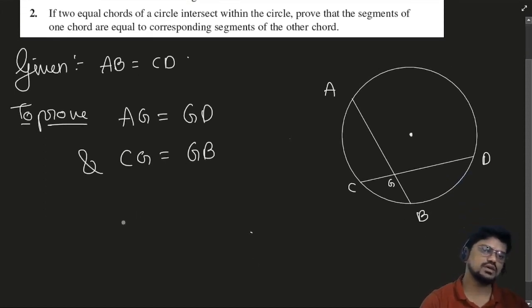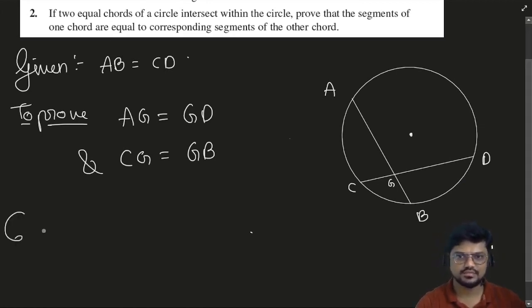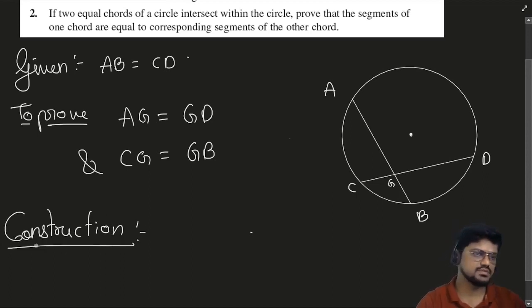Now how can we prove this? To prove this, we'll have to do some construction. Draw this line. After that, draw a perpendicular bisector to it, and over here also.